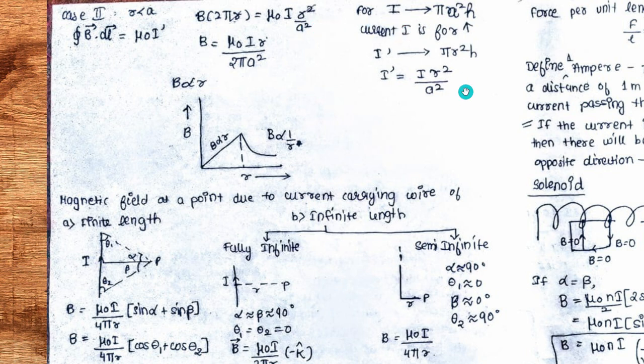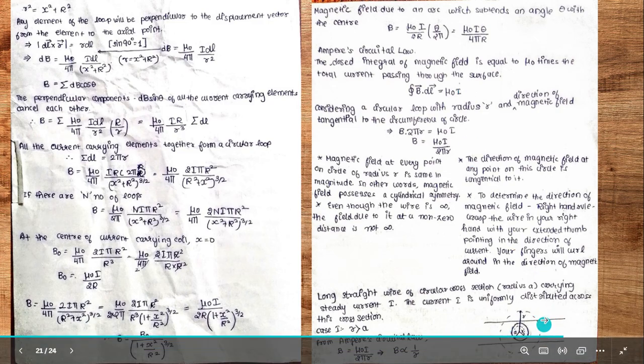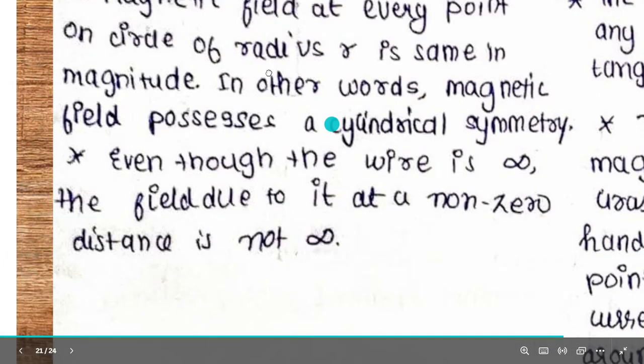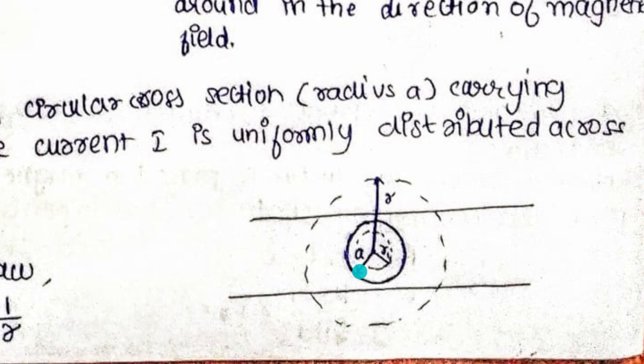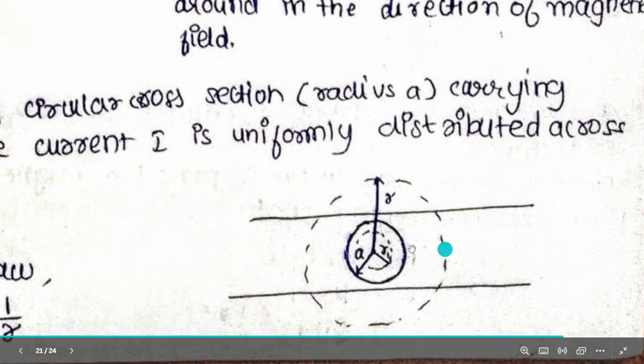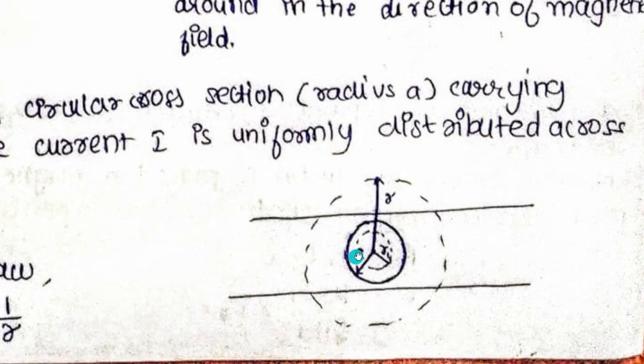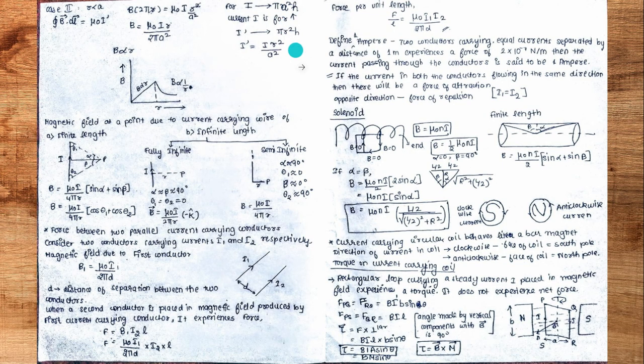For a current I, the volume of the cylinder that it covers has radius a, so it is pi a squared h, where h is the height. Now for the small circle inside that a, the current I dash corresponds to pi r squared h. I dash is pi r squared h.